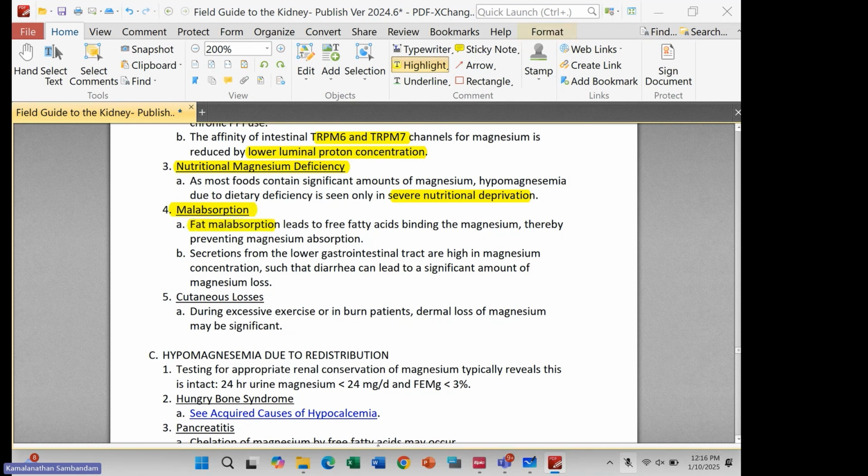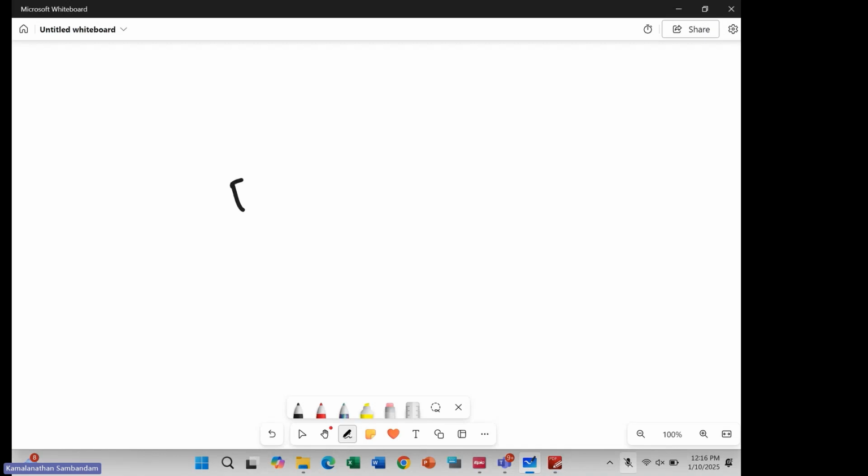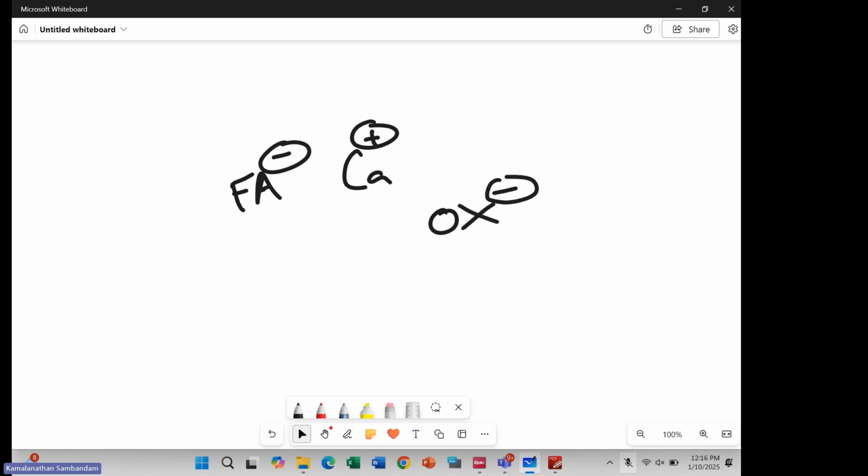Fat malabsorption may be particularly problematic because fatty acids are negatively charged. We've thought about this when we talked about enteric hyperoxaluria, where fatty acids, which again are negatively charged, are binding calcium, and then that makes oxalate more available for reabsorption by the gut.